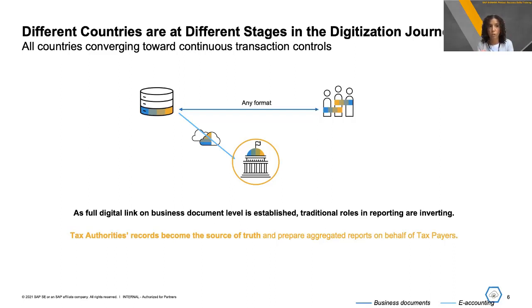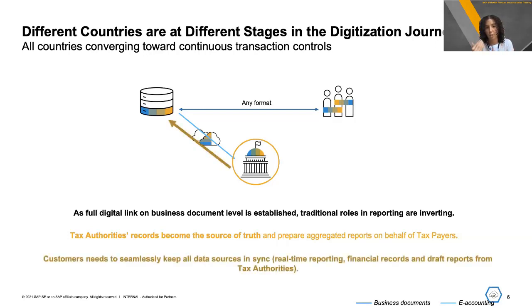So, and if tax authority become a source of truth, then our customer must make sure that is fully in sync with S/4HANA. Because if the government start making use of their source of truth, which we are seeing the first country doing so, then taxpayer must make sure that's in sync with their system. Because if they are not in sync with S/4HANA, of course, they get into challenges when it comes into reporting.